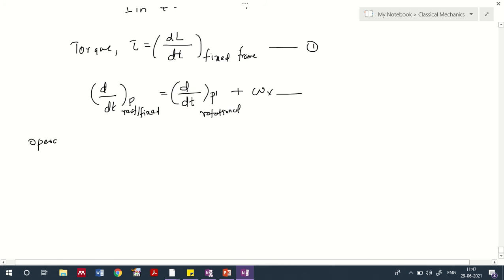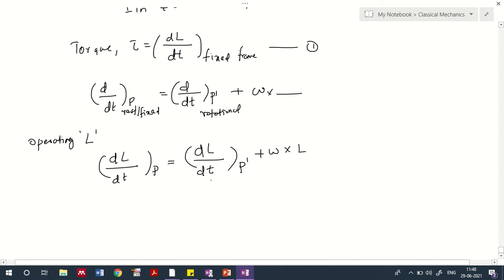Now what we do here is operate with this operator on the angular momentum L. So how does it look? dL by dt at P is equal to dL by dt at P dash plus omega cross L.